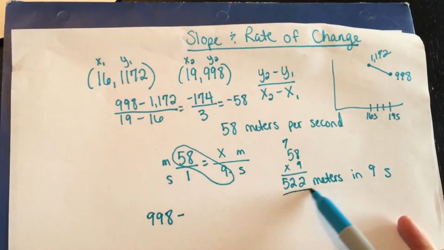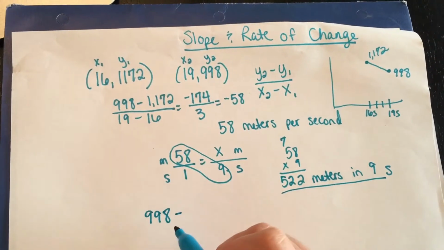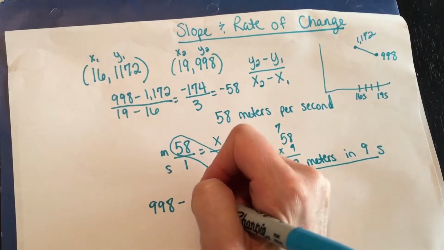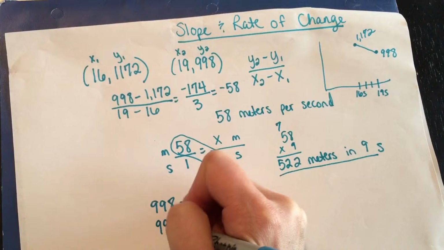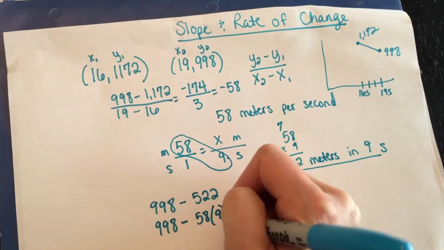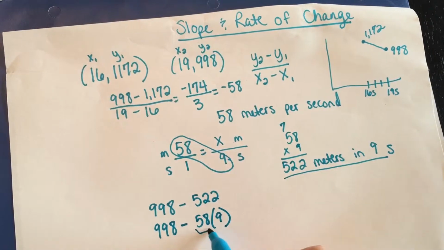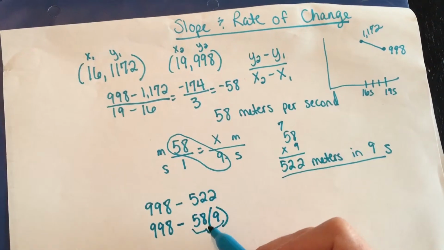And actually, I just figured that out right here. That was convenient. So I'm going to take 998 and then I'm going to subtract my 522. Another way to think about this is 998 minus 58 times 9. So this is how many meters he's flying in 9 seconds, but I've already solved that there.